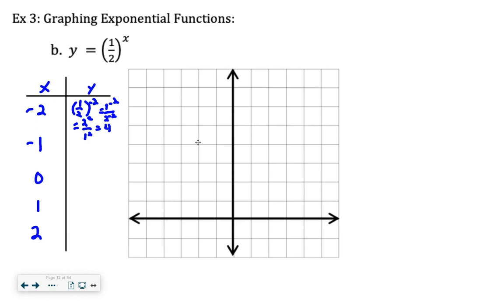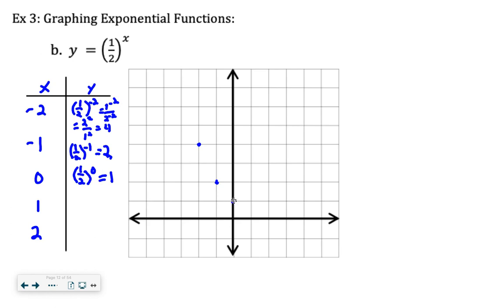Same idea here, right? If I do 1/2 to the negative first power, distribute that in, and then flip, this would end up being 2 over 1. So the point -1, 2 is on the graph. Then 1/2 to the 0 power, well, anything to the 0 power is equal to 1. So the point 0, 1 is on the graph.